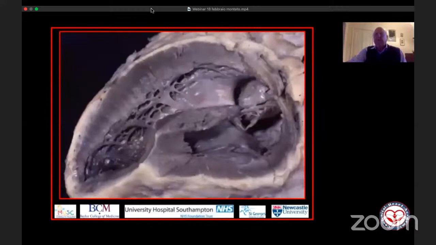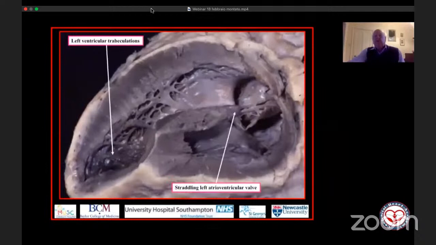Because when we turn the heart round, we look at it at the back, postero-inferiorly, we find this incomplete hypoplastic left ventricle. In this instance, with one papillary muscle of the mitral valve remaining, because as we're also going to discuss, although we won't have time to show you, we can find this with straddling valves.